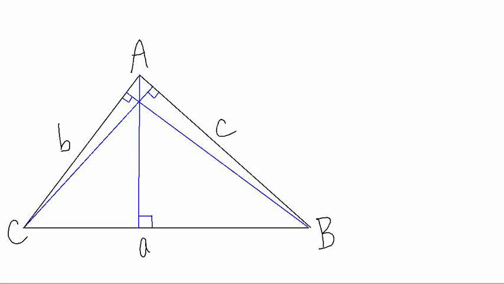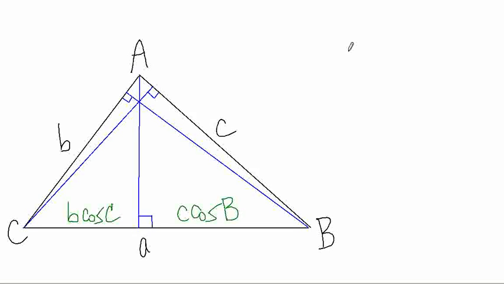For example, the side opposite angle A, that one is divided into two pieces, and one of those pieces has the length b cosine of angle C. The other piece has the length c cosine of angle B.